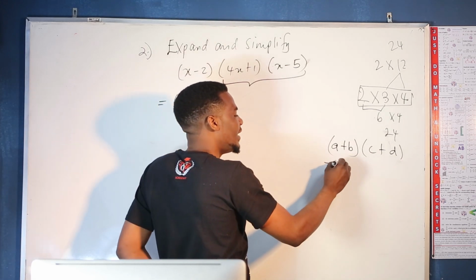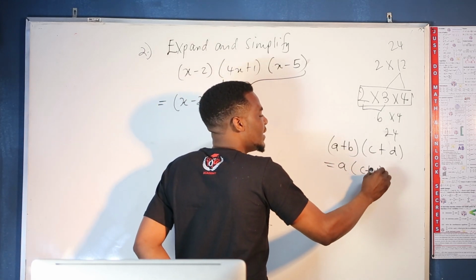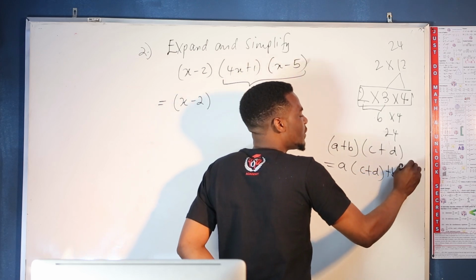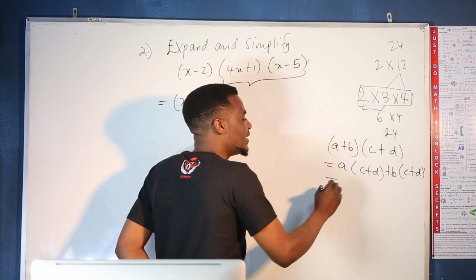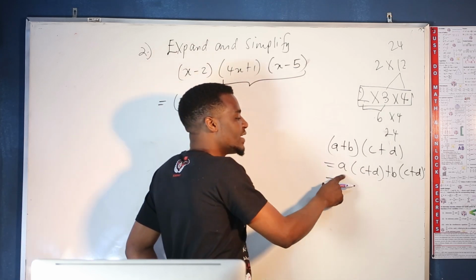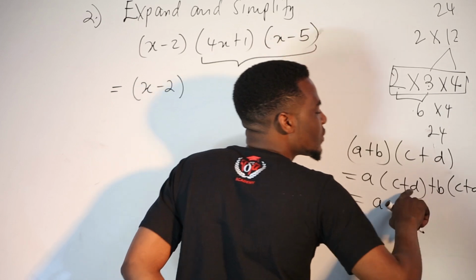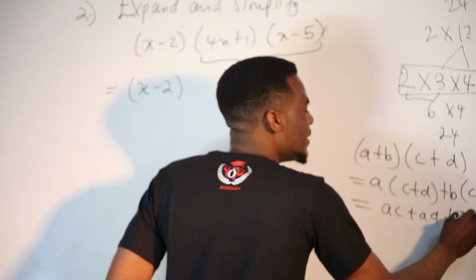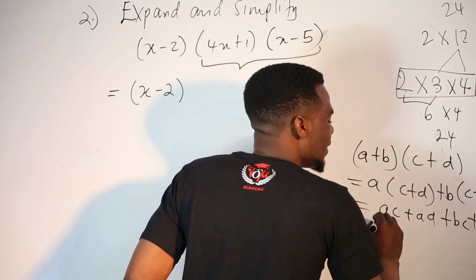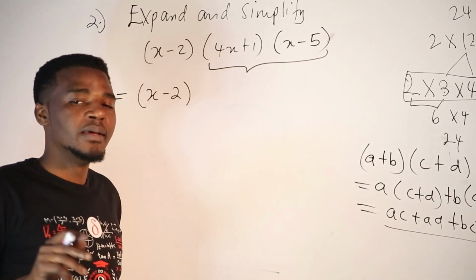For example, A is going to multiply C plus D here, and B is also going to multiply C plus D here. And then the next step, A is going to multiply all the terms, giving you AC plus AD. B is also going to multiply all the terms, giving you BC plus BD.